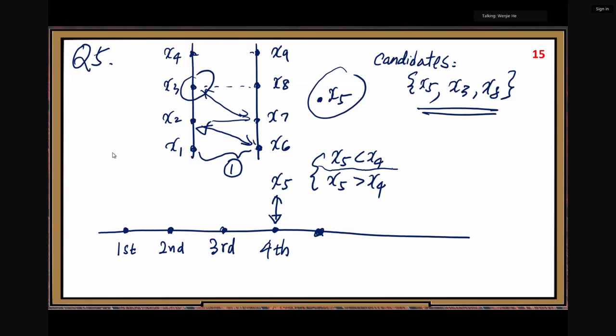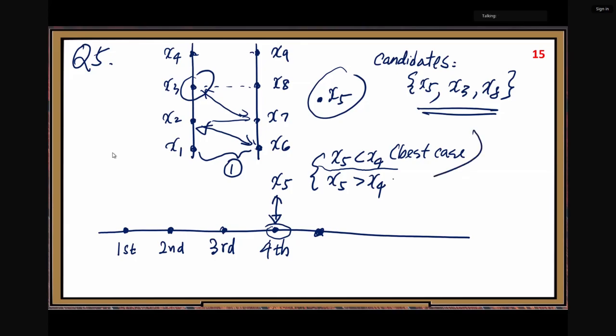Then the fourth element is the median, because it is greater than 4 elements, including x5, and less than the remaining 4 elements. So this is the best case for this algorithm, not the best case overall. Sometimes we say best case for a particular algorithm, but not the overall best case.